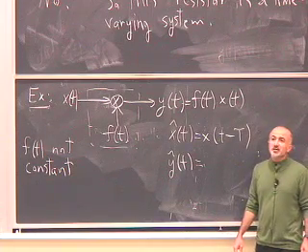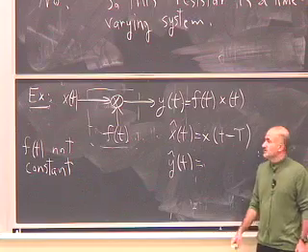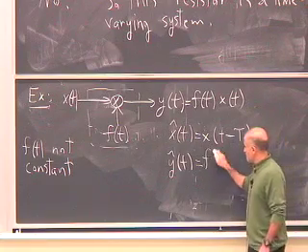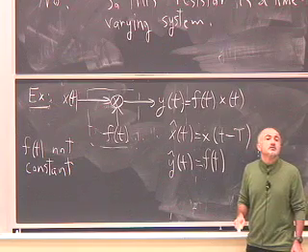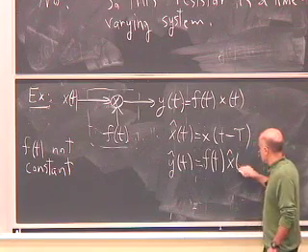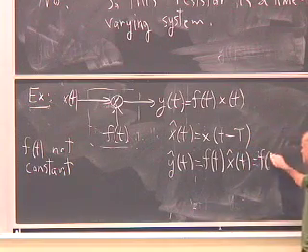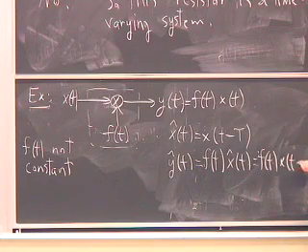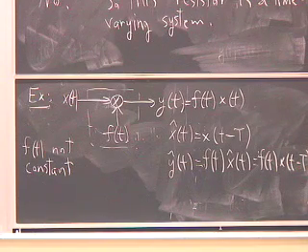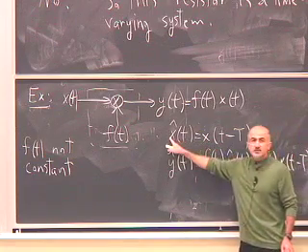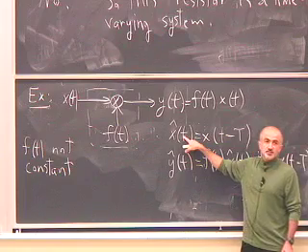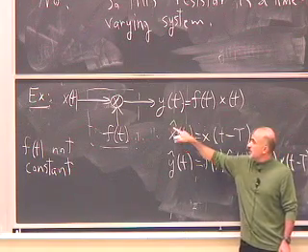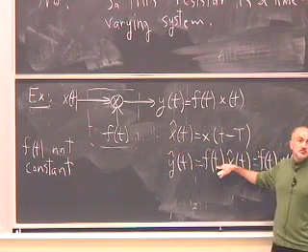Don't shift when you're not allowed to shift. f of t times x hat, which is f of t times x of t minus capital T. The system doesn't care what you call the input signal. Whatever you call it, x or x hat, at any instance in time, it takes that signal at that instance and multiplies it by f at that instance.